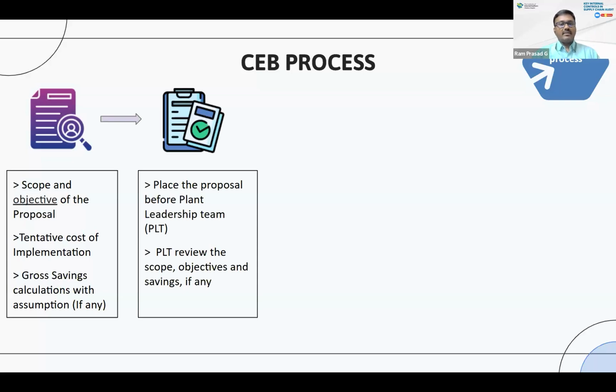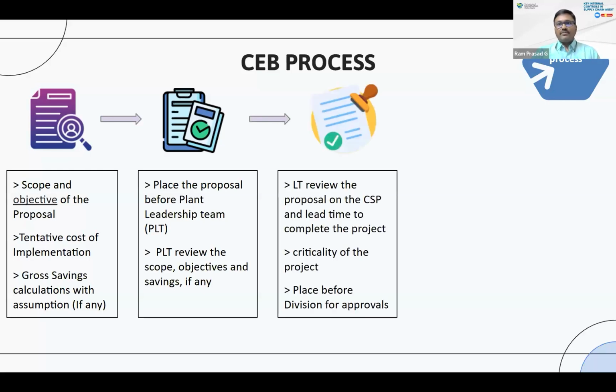They review and see whether the scope and the objective are in line with whatever objective the organization has given for that particular site. So that is the next step, where the local leadership team reviews it.